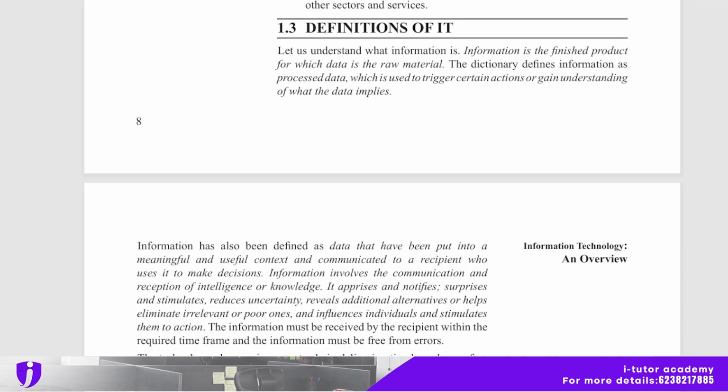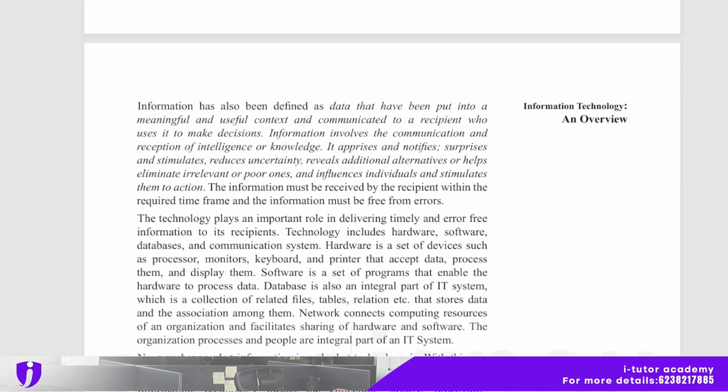And the definition of IT: what is the definition of IT? Let us understand what information is. Information is the finished product for which data is the raw material. The dictionary defines information as processed data which is used to trigger certain actions or gain understanding of what the data implies.